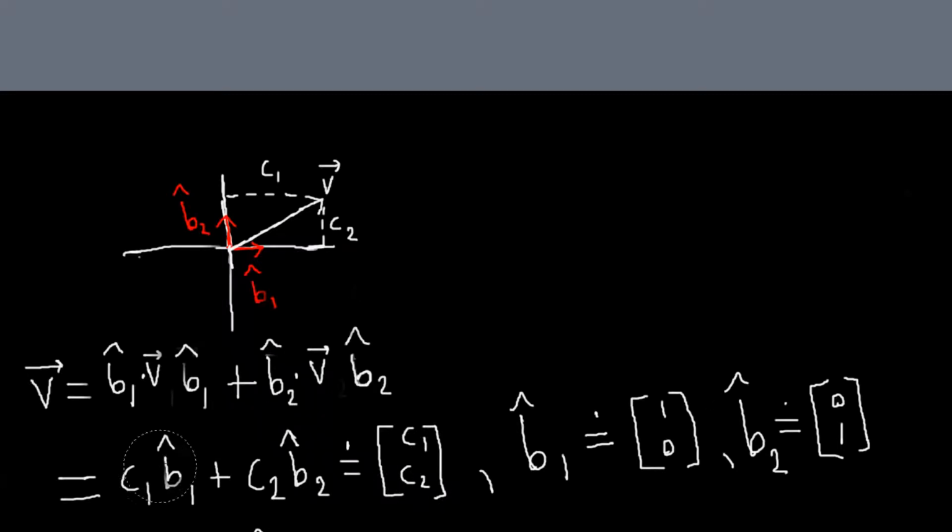Here I've got these coefficients, c1 and c2, and I tell you what basis vectors I'm expanding this vector v in. Whereas with this column matrix, I only have the coefficients. So I'm not telling you explicitly what basis I'm expanding this vector in.